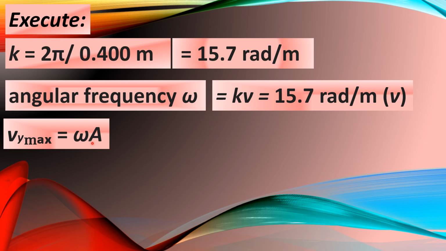Because earlier we noted that if a particle is located in the equilibrium position, then its vertical displacement is zero. So at the equilibrium position, the transverse velocity of any particle within the string is considered maximum.